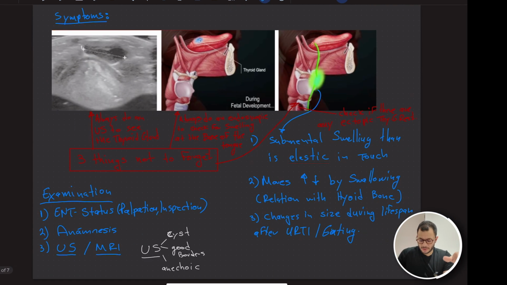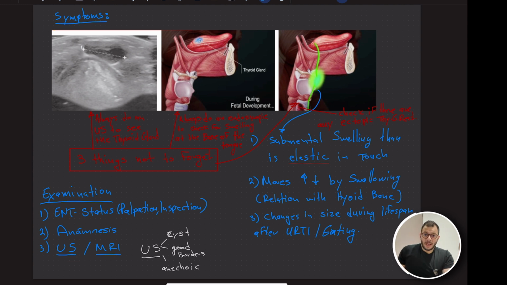Now, for the symptoms. Usually, the patient will have a submental swelling that is elastic to touch. We will need to ask in the medical history if they underwent an upper respiratory tract infection or if the swelling occurs just after eating.